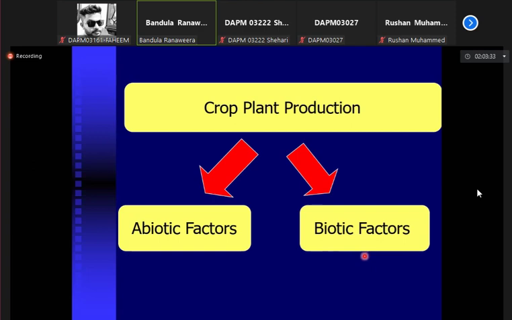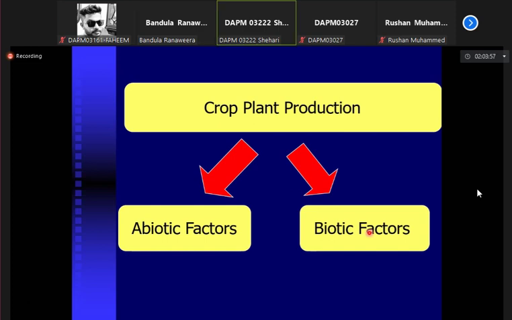So the nitrogen fixing organisms are symbiotic or beneficial organisms creating some benefits to the plant. Now I am focusing on the biotic factors that are having some negative effects, damages to crop plant production.